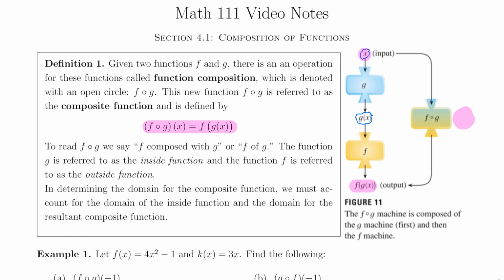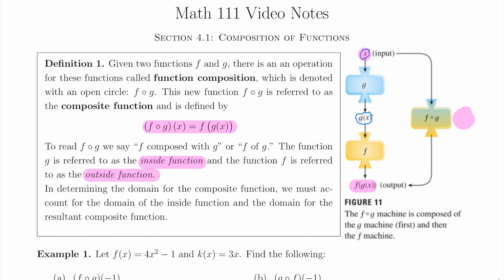We can read that f little circle g as saying f composed with g or f of g, depending on what we prefer or what we are doing in that moment. Usually we call g of x, which gets inputted as an input, the inside function, and our f, which is applied second after g, the outside function.